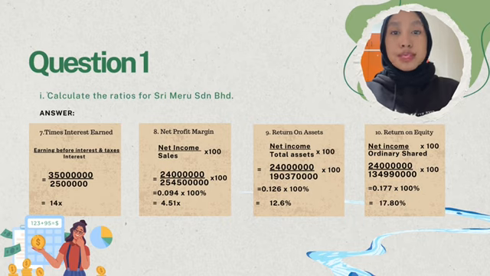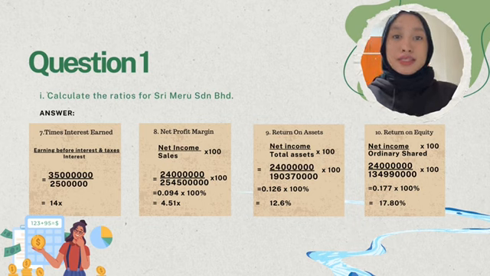Number 8 is net profit margin. To calculate net profit margin, the formula is amount of net income divided with amount of sales times with 100, which is 24000000 divided with 25450000 times with 100, and the total is 4.51 times.